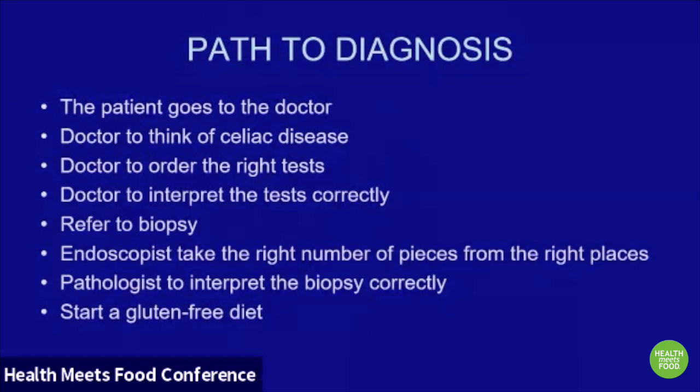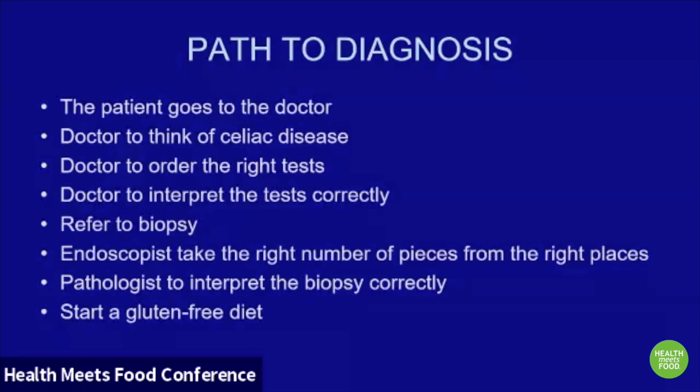So we've been very interested in why there is this enormous underdiagnosis of celiac disease in this country compared to Australia or Italy or Ireland, where everyone says celiac disease is so common. It's 1% of the population, like it is here, but it just gets diagnosed more. So these are all the different steps to get diagnosed with celiac disease.